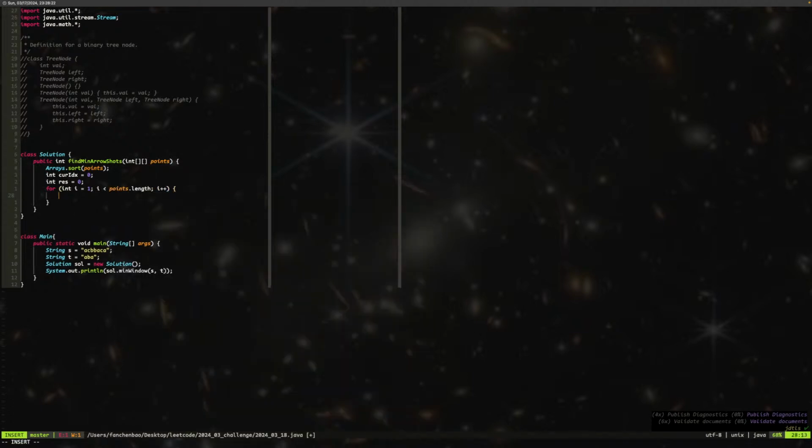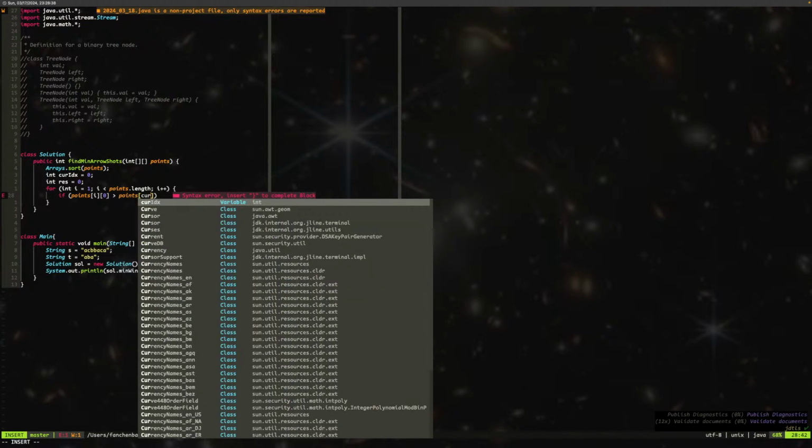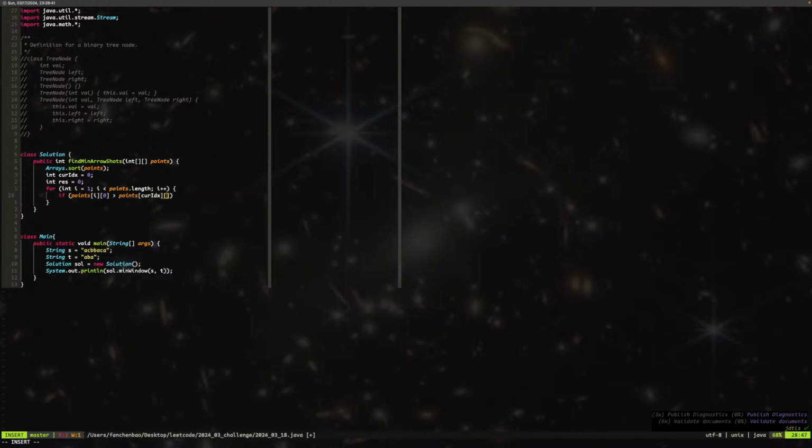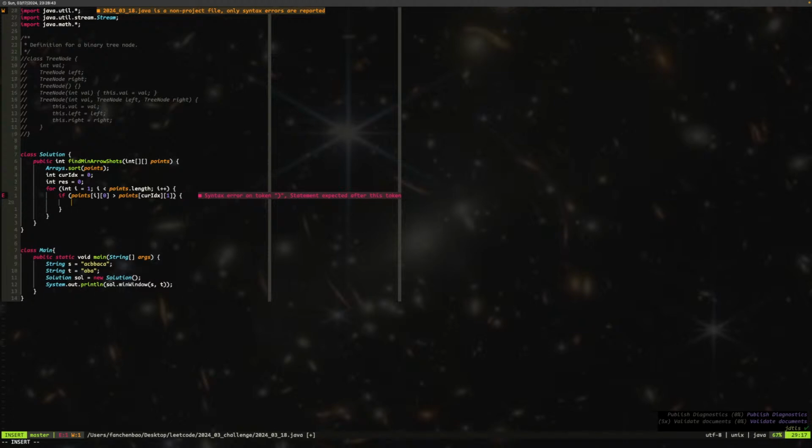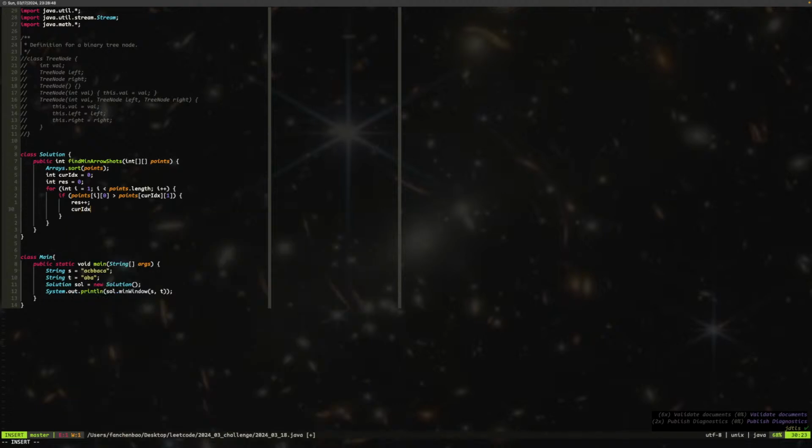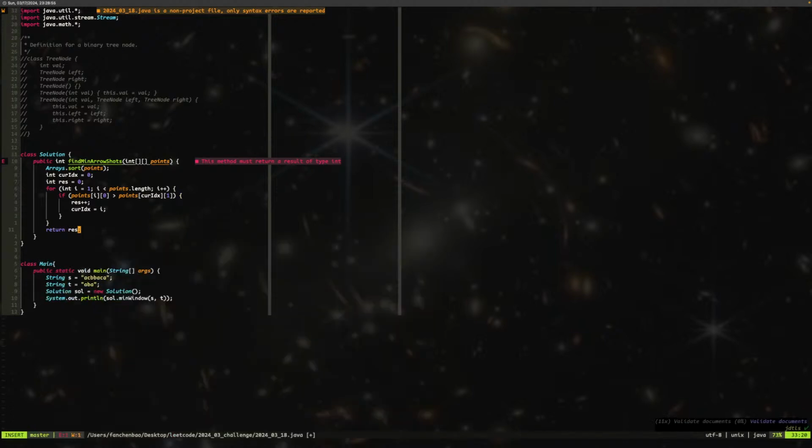If points[i][0], the starting point, is larger than points[currentIndex][1], then res++, we need to add an arrow, and currentIndex = i. Otherwise we just keep going, and then we return res.